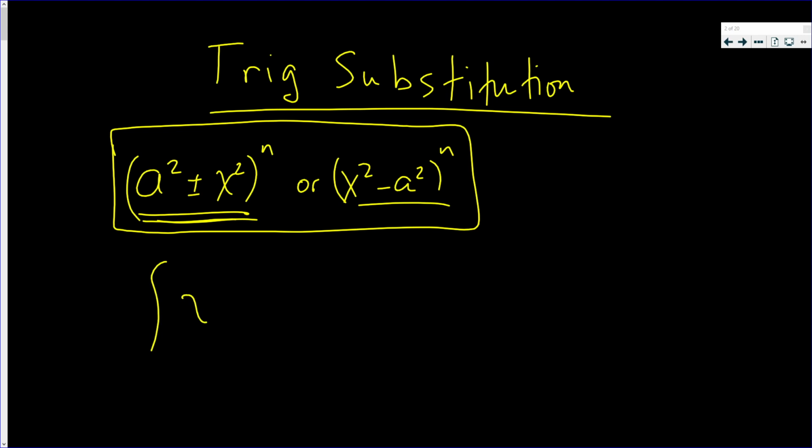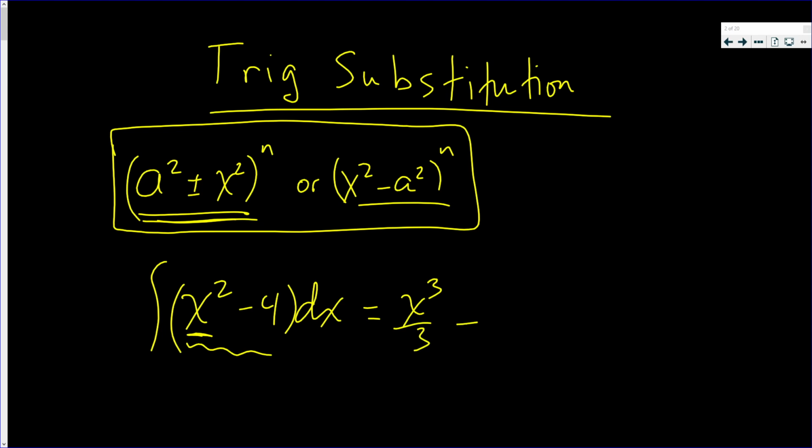Trig substitution isn't easy, so I would try to get out of using it. Never formally tried it, but I assume you can use trig substitution here. But why? The integral of x squared is x cubed over 3 minus the integral of 4 is 4x plus c.